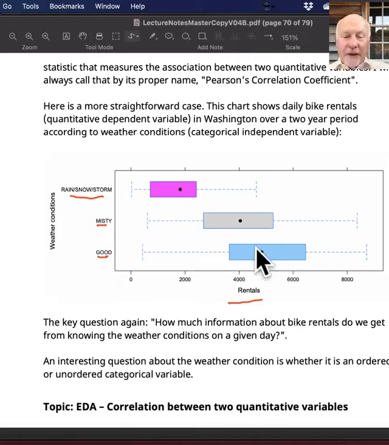Anyway, now when you look at that, you can see a pretty clear pattern, can't you? The rentals seem to go up as the weather improves. And something you might want to think about is whether that categorical variable is ordered. Probably is. We think of good, bad and terrible weather.